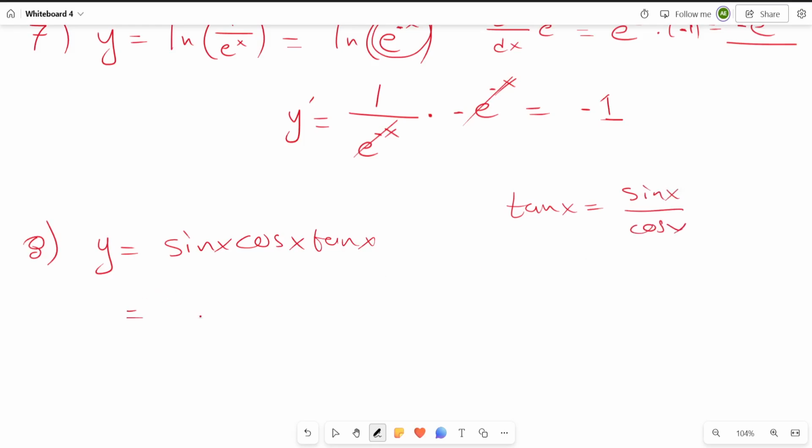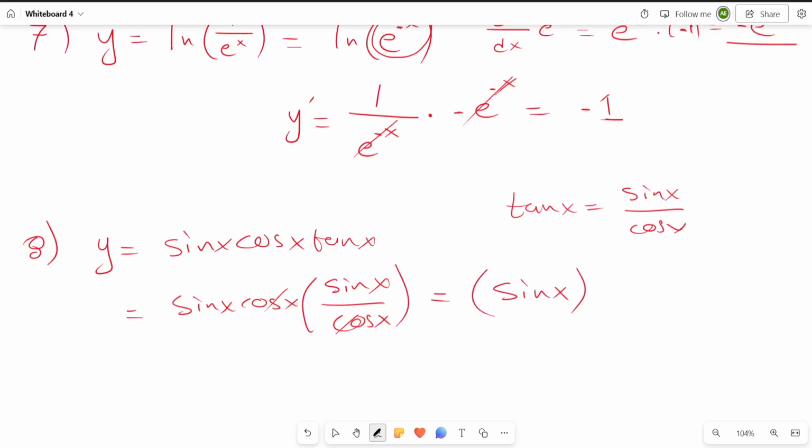So let's rewrite that as sine x cosine x, and instead of tan x, I'm going to write sine x over cosine x. And now I can find that this cosine x and this cosine x will cancel, and I'll have a sine x times sine x, which is basically sine x squared, equivalent to sine squared of x. These two are the same.